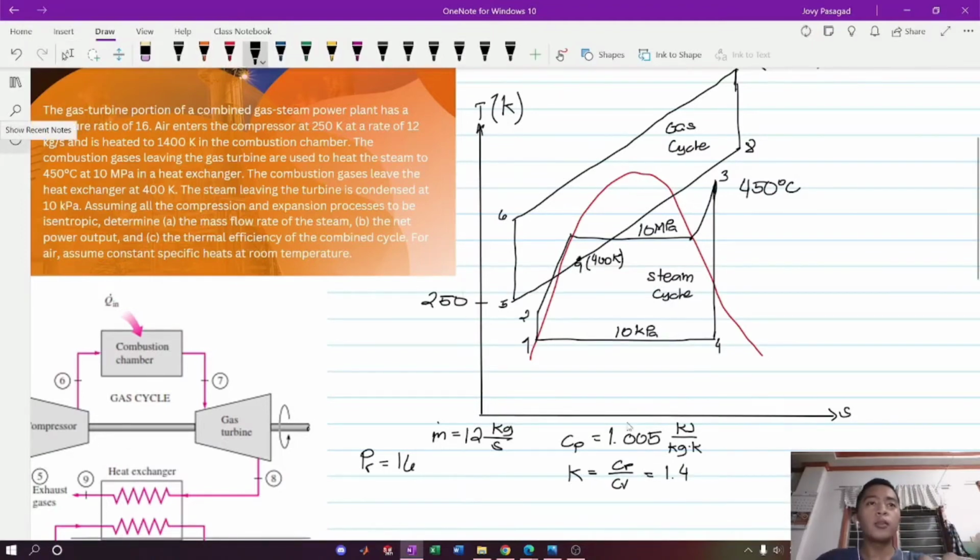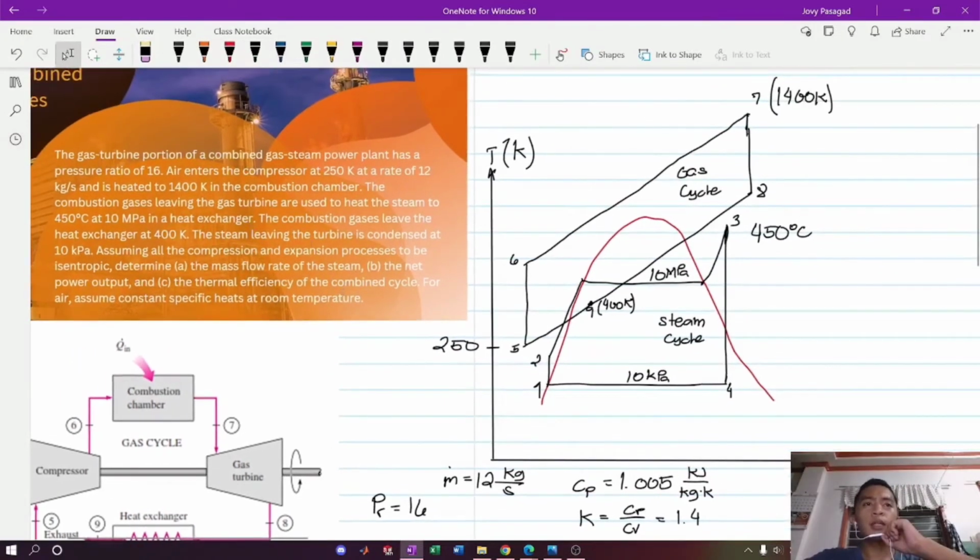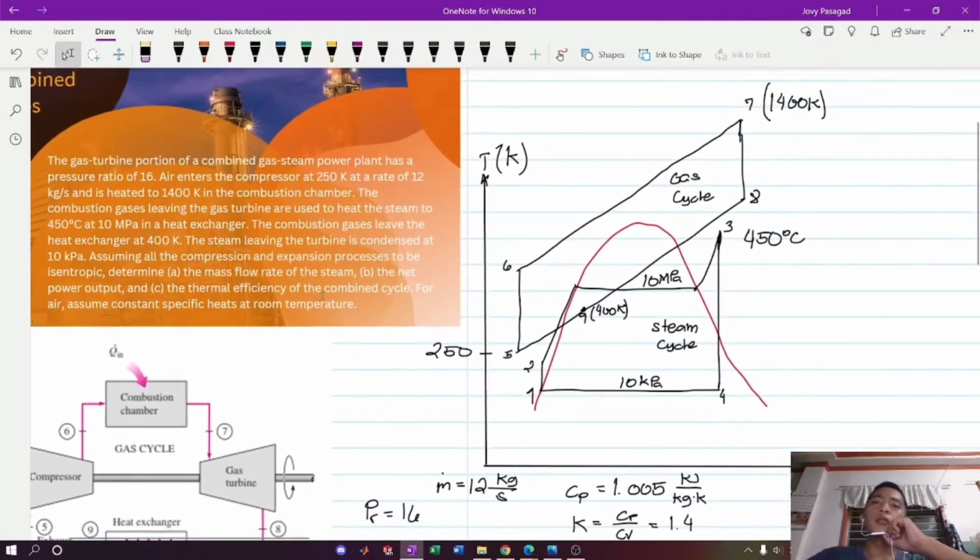So, ang atong ipangita is ang mass flow rate sa steam, and the net power output and the thermal efficiency. So, unsaon pagpangita sa mass flow rate sa steam? We know from the graph na ni-enter ang heat Q in sa imuhang combustion chamber.